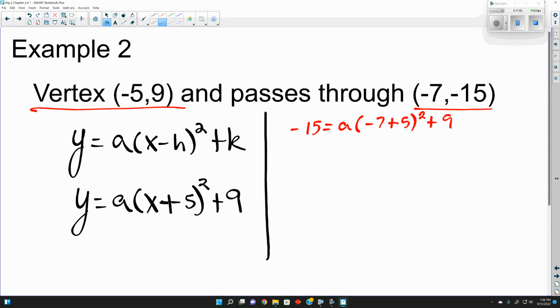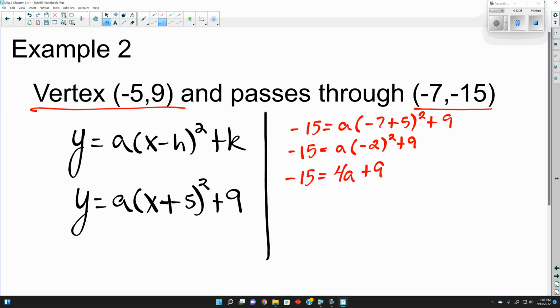And we just need to solve for the value of A. Well, -7 plus 5, or 5 minus 7, is -2, squared, yes? -2 squared is, try again, positive 4.